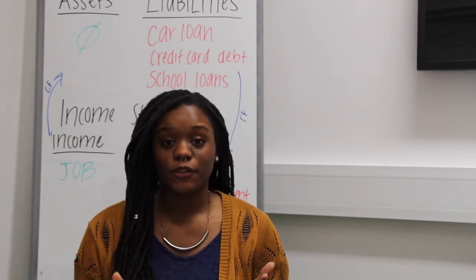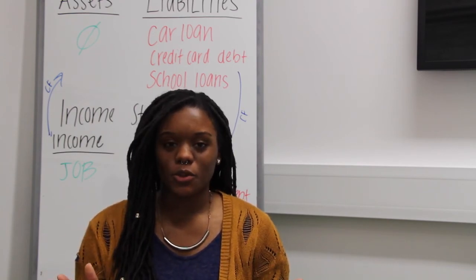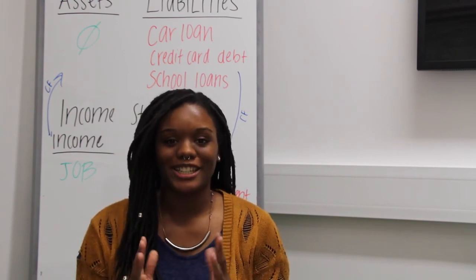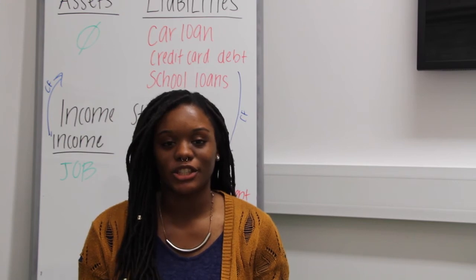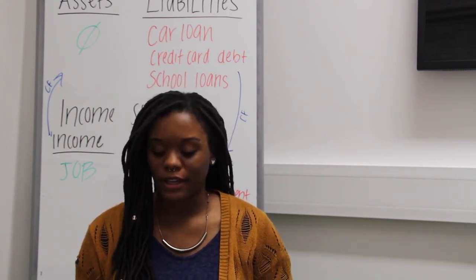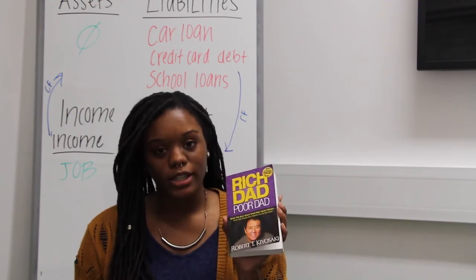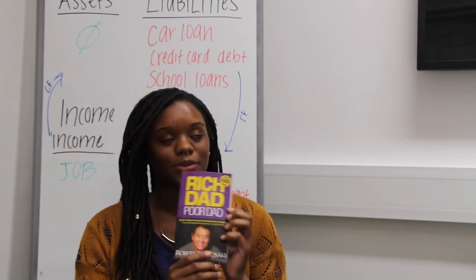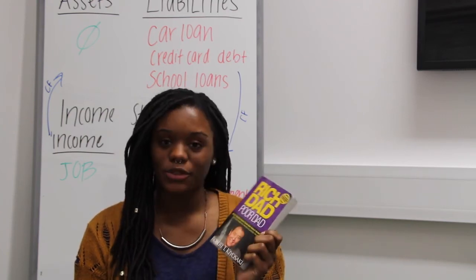Another tip, if you aren't the type of person to go to school and being in an educational setting is just not your thing, I completely understand. There's actually some business books I picked up, and one of my favorites is Rich Dad, Poor Dad by Robert Kiyosaki. This book is really great, and it's an easy read.